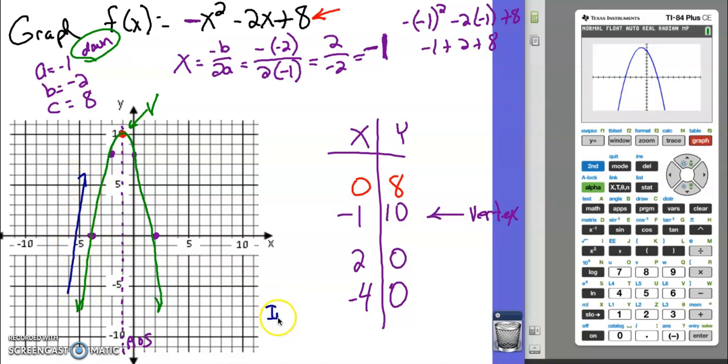So increasing, the interval notation would be from -infinity all the way to, you get to the vertex, which is at -1. And then decreasing, would start at -1, and then would go all the way to positive infinity. And that's how you graph a parabola in standard form.